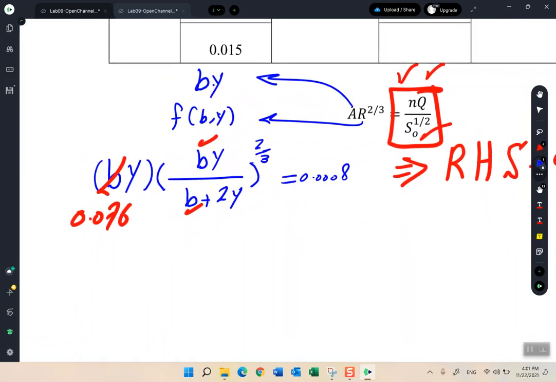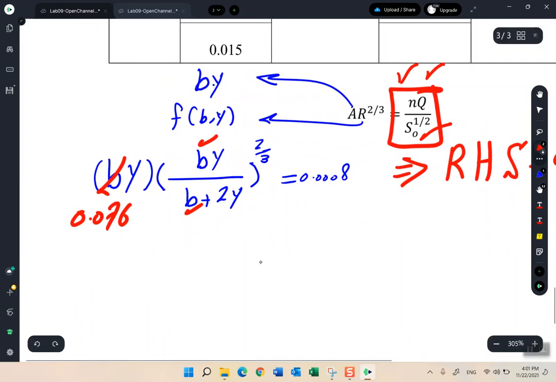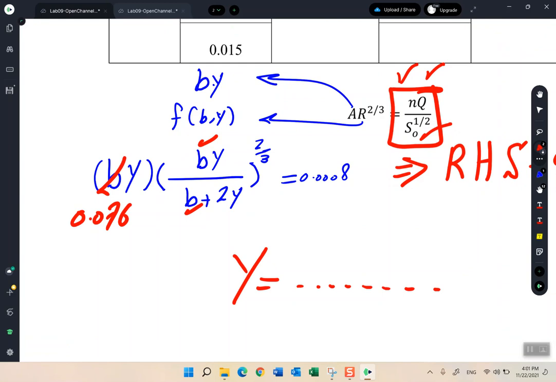I mean by implicit that you can't convert this equation to something like y equals something. What is the other way that we can solve this kind of equations? Iterations? Exactly.